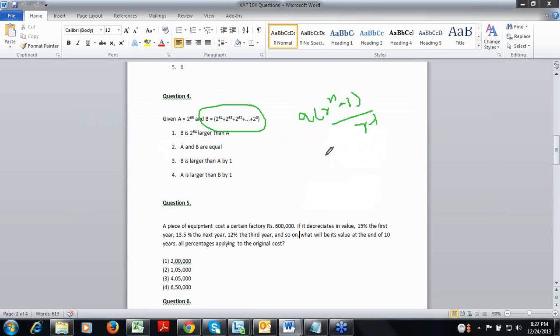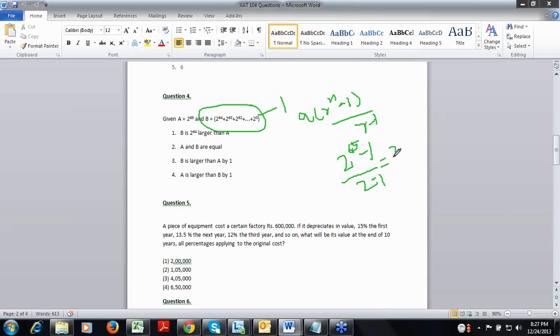Number of terms is 65, so we'll get 2 to the power 65 minus 1, and A is what? A is 2 to the power 0, that is 1. And R is what? The value of R is 2. So 2 minus 1.